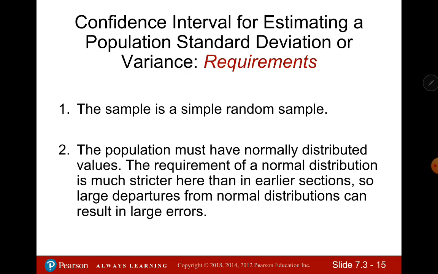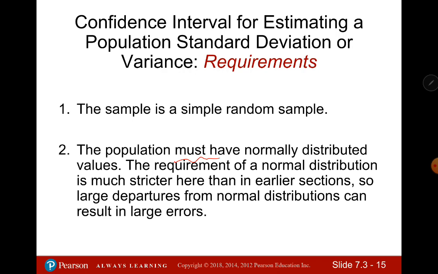And the population must have normally distributed values. When we do the confidence interval for mu, we also have a requirement: the population is normally distributed or the sample size is greater than 30.